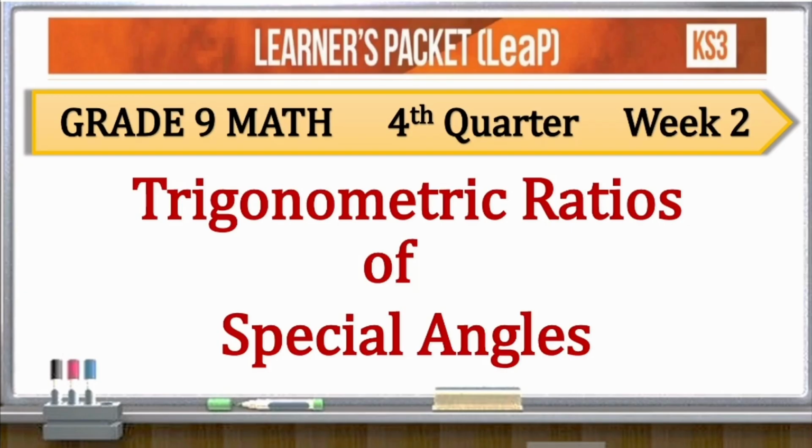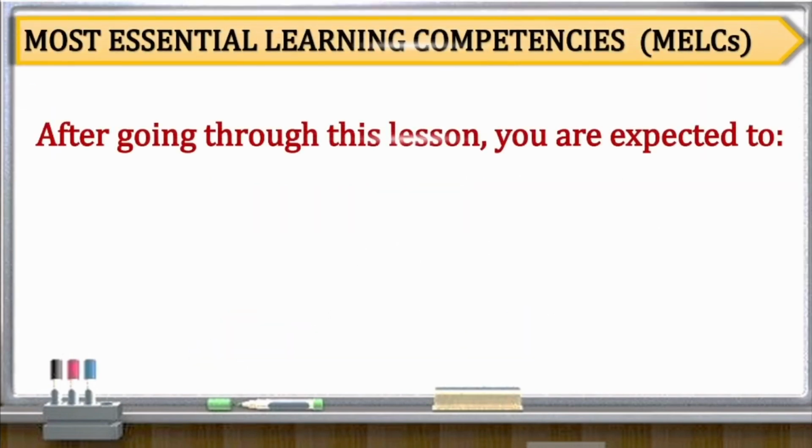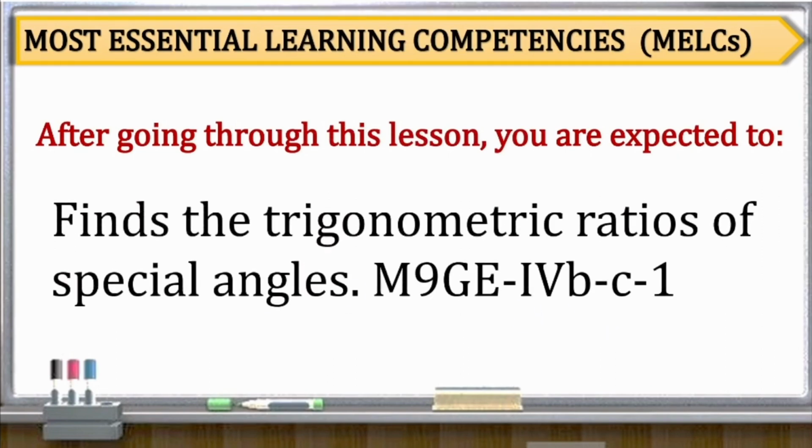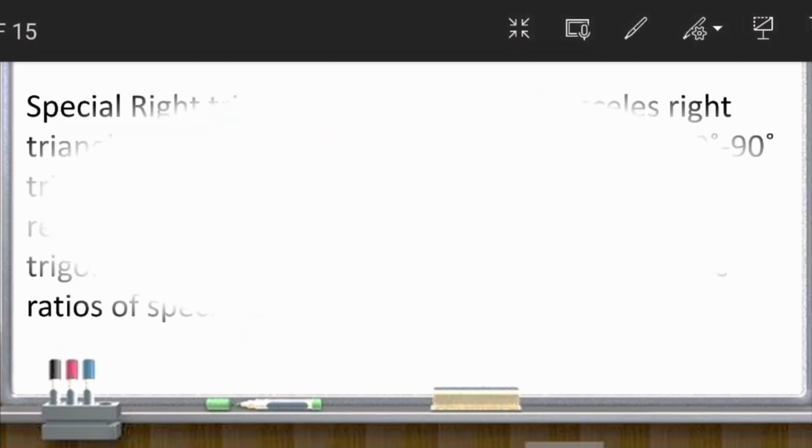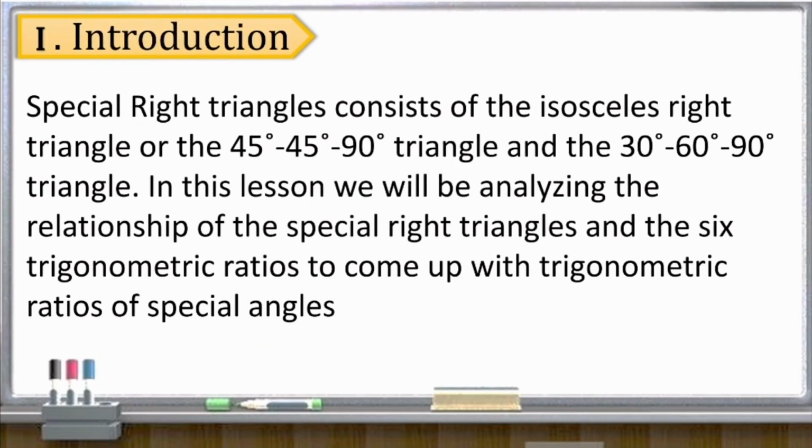Today, ang pag-aaralan natin ay trigonometric ratios of special angles. And after going through this lesson, you are expected to find the trigonometric ratios of special angles. Special right triangles consist of the isosceles right triangle or the 45 by 45 by 90 degree triangle and the 30 by 60 by 90 degree triangle.